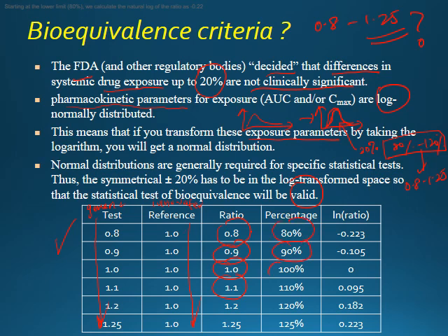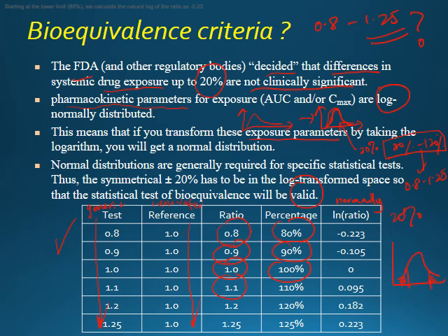This ratio is divided by the reference, then you get the percentage. When you log it, it becomes normally distributed. Only then do you take the 20% as the limit for the log distribution curve. So we take 20% here, 20% here.